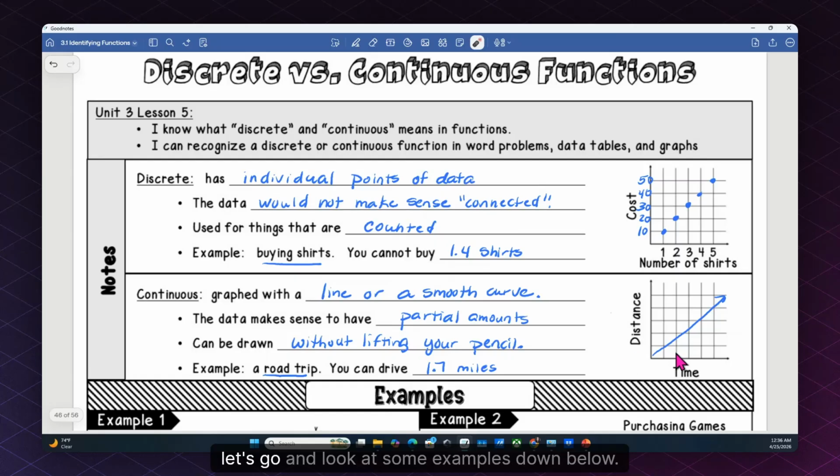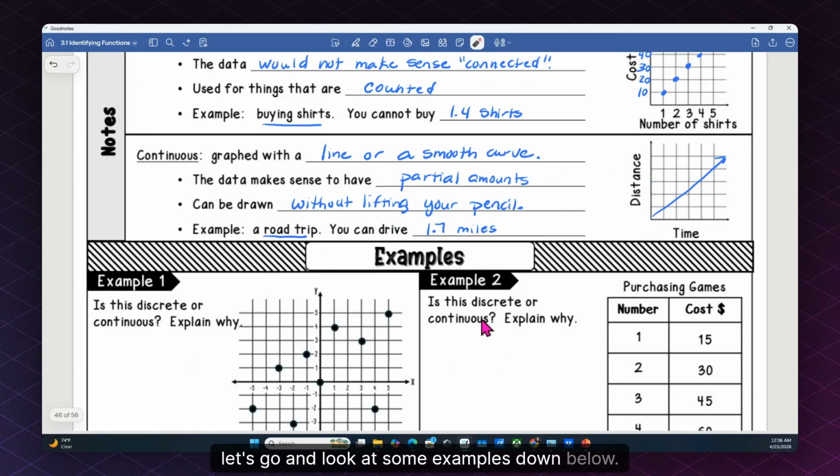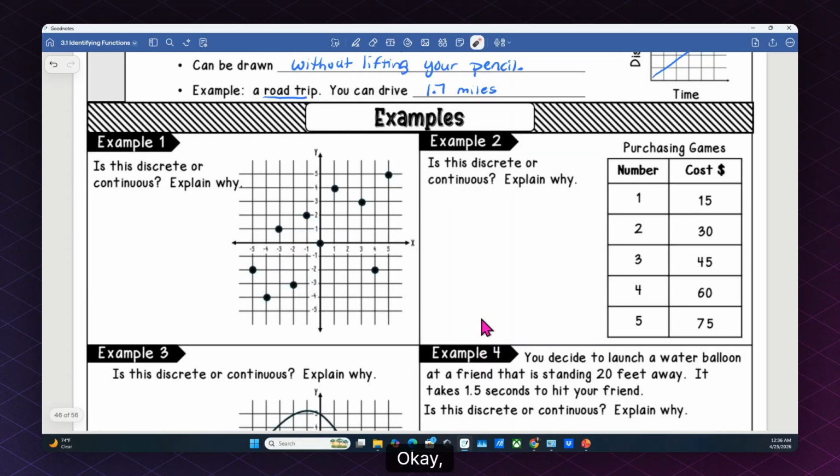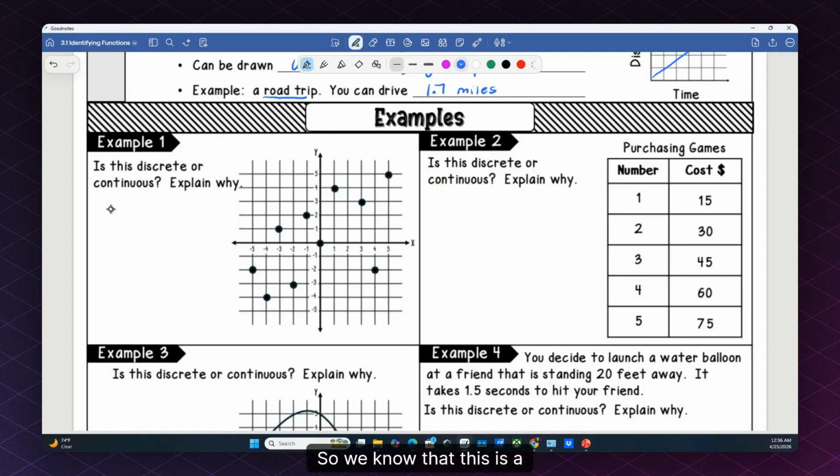Alrighty, let's look at some examples down below. It asks, is this discrete or continuous, and explain why. When you look at this, it's a whole bunch of points, so we know that this is a discrete function.